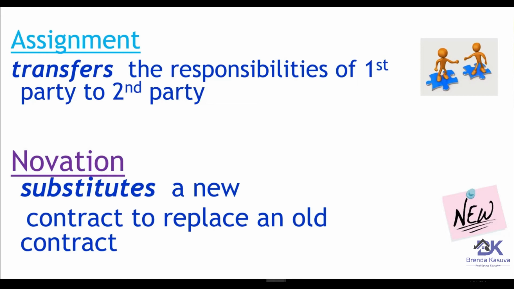You're buying a house as yourself, and as you're buying the house, you get in touch with an attorney and he says, hey, you're better off putting the property in the name of an LLC. So now instead of buying the house in your name, you're going to assign it to the LLC. You're transferring your rights from one person to another.